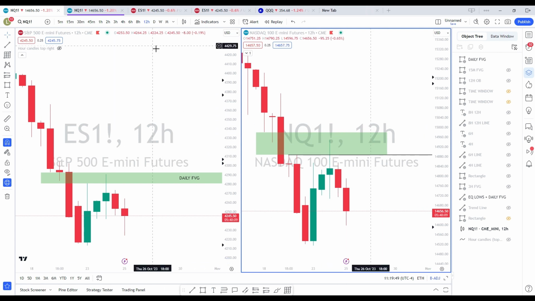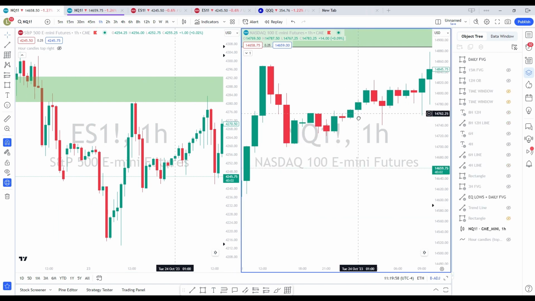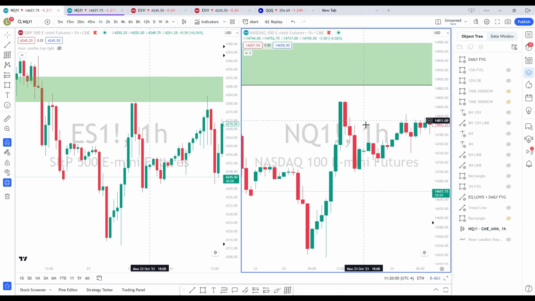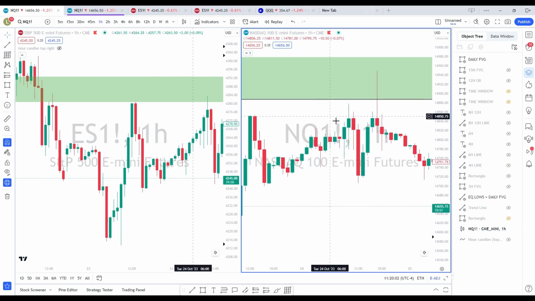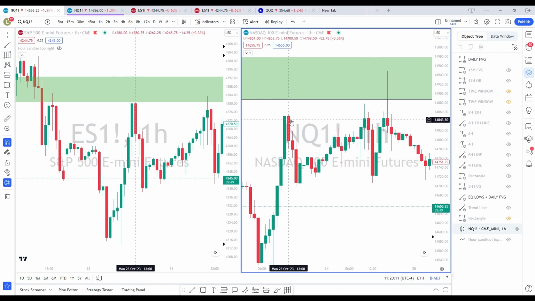Now the next thing why this becomes important is look at what happened yesterday. We'll talk in terms of probabilities. Yesterday this fair value gap got tested here, but where was NQ? NQ didn't test it, right?